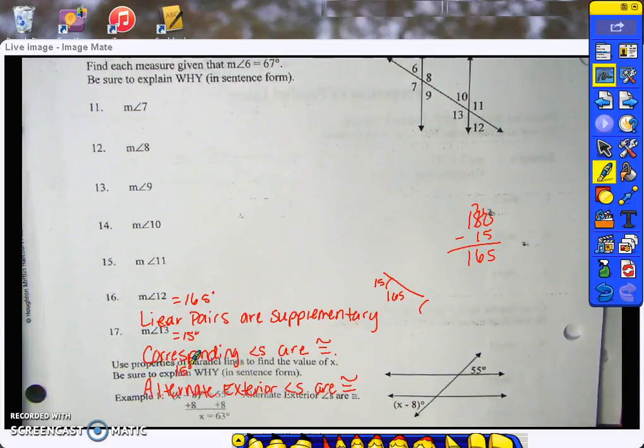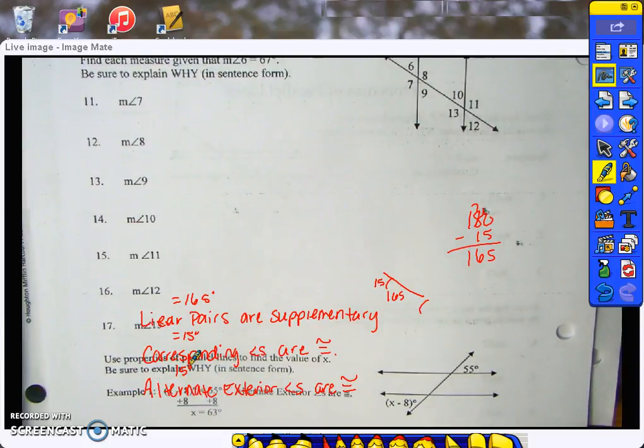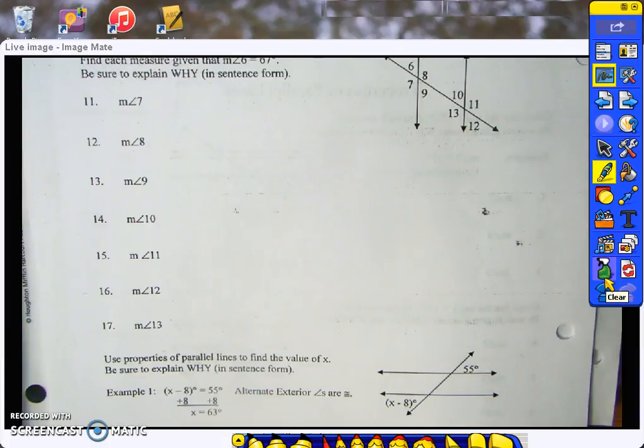Find each measure given that the measure of angle 6 is 67 degrees. So 6 is 67 degrees. And 7, they form a line. So that's 180 minus 67, which is 113, because a linear pair is supplementary.